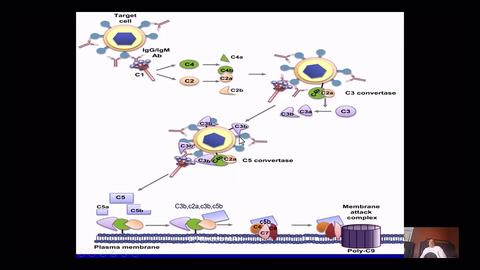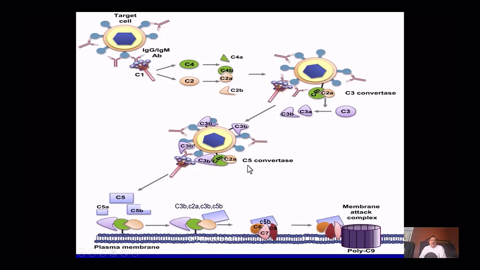And C3b has another capability: it divides multiple times and deposits on the surface of the target cell, combining with C2b and C4b on the surface of the membrane of the target cell.